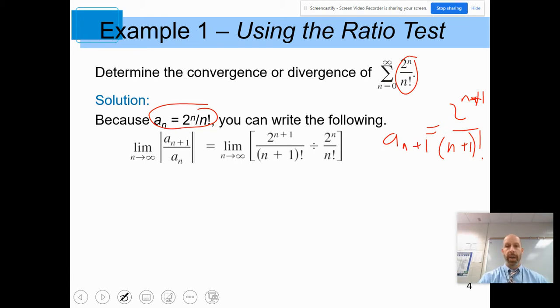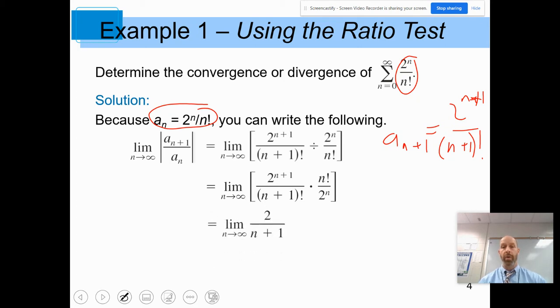So here's the n plus 1 term divided by the a sub n term. We can change that division to multiplication by multiplying by the reciprocal. Here we're going to see lots of cancellations. The 2 to the n's cancel all but one of the 2 to the n plus 1s, and the n factorial cancels everything but the n plus 1 term. So we end up with 2 over n plus 1 as n goes to infinity.